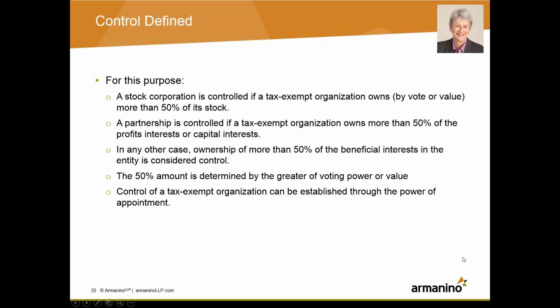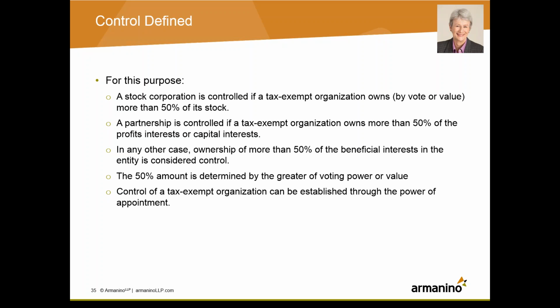What is control? When does one entity control another? A stock corporation is controlled if a tax-exempt organization owns, by vote or by value, more than 50% of the stock. Now, in the case of a 100% taxable subsidiary, the tax-exempt organization is absolutely in control.